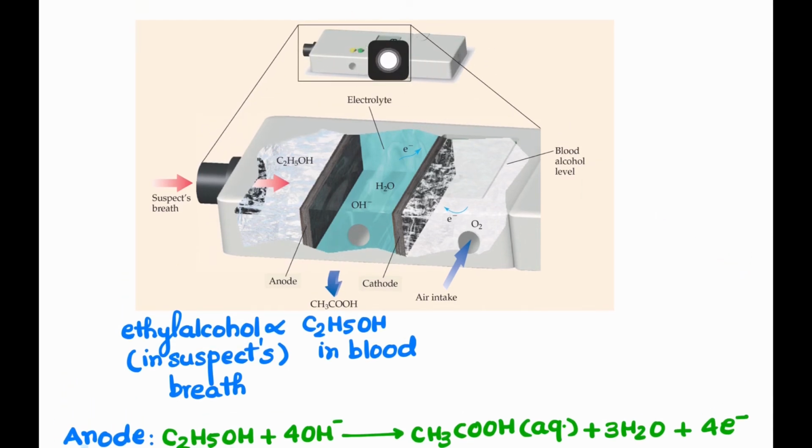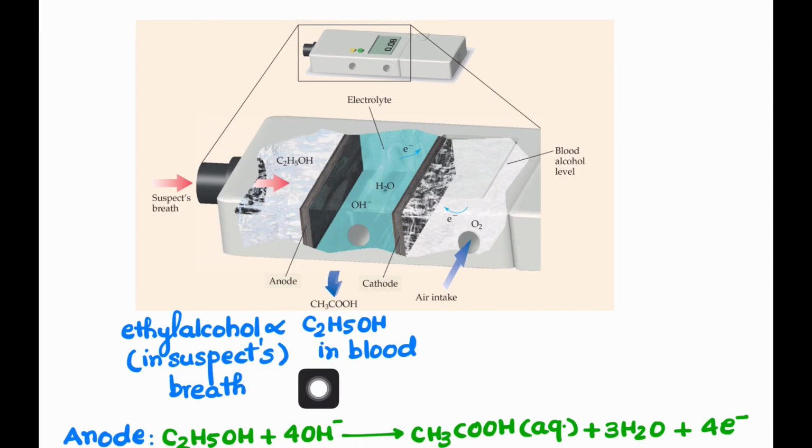If the current is more, then we can conclude that the person has taken alcohol in large amount. So a higher current will reveal a higher blood alcohol level, and the person would be heavily drunk.